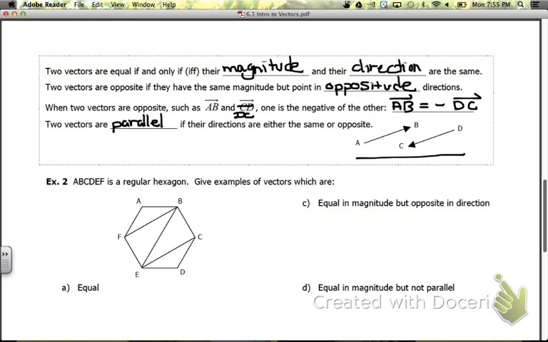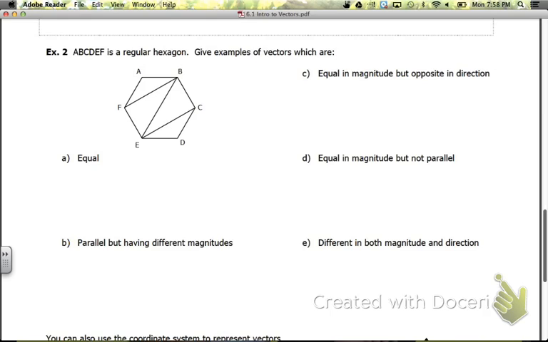Now we're going to look at an example. Example 2: ABCDEF is a regular hexagon. Remember, regular just means that each side, so AB, BC, CD, DE, EF, and FA, are equal. Give examples of vectors which are equal to one another.